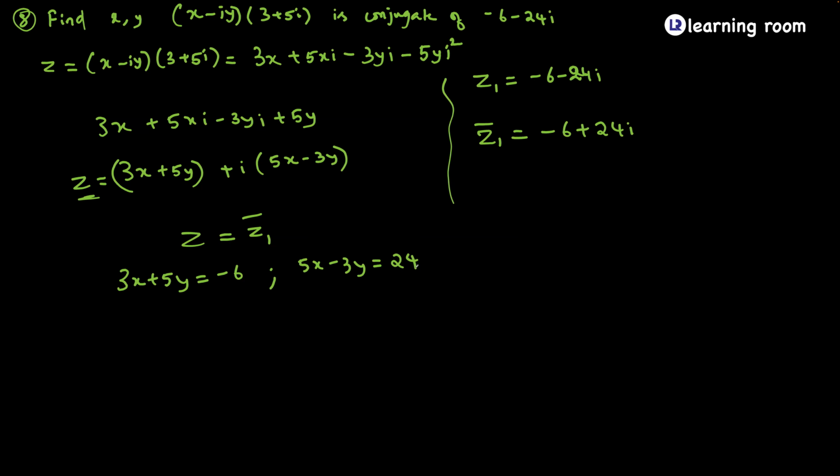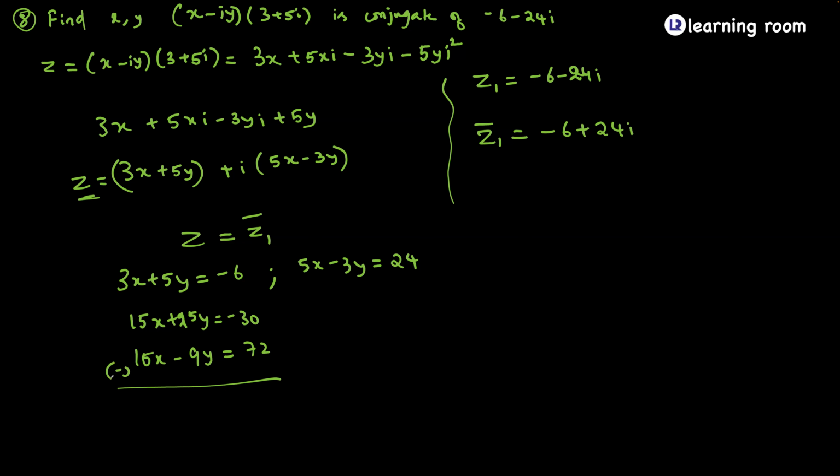So the first equation multiplied with 5 is 15x plus 25y is equal to minus 30. I'll multiply the second equation with 3: 15x minus 9y is equal to 72.